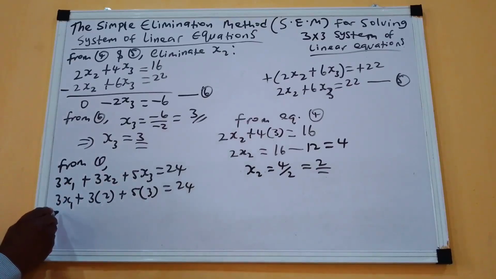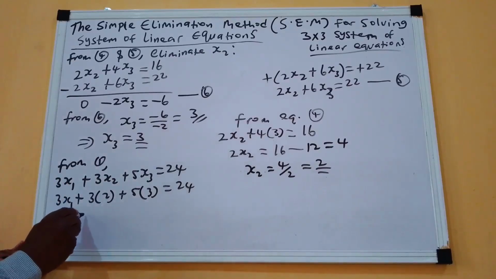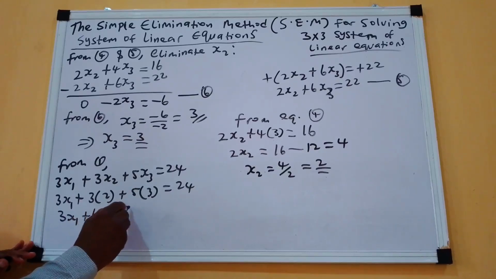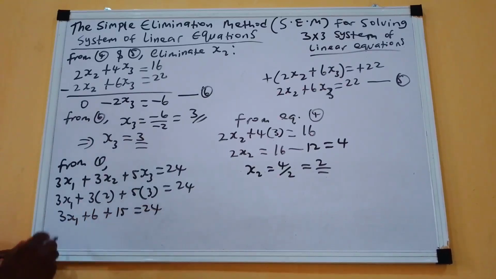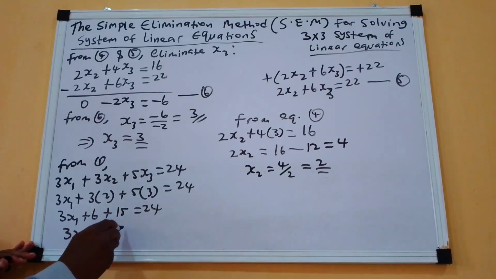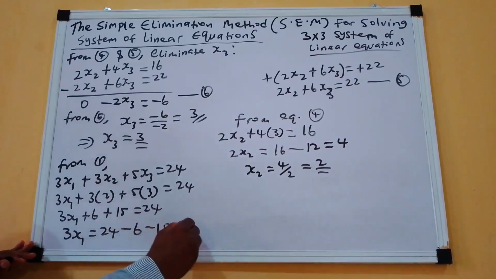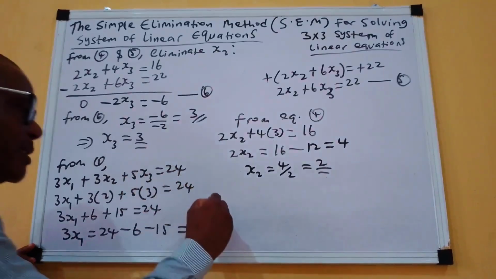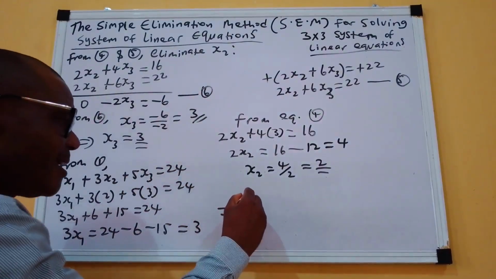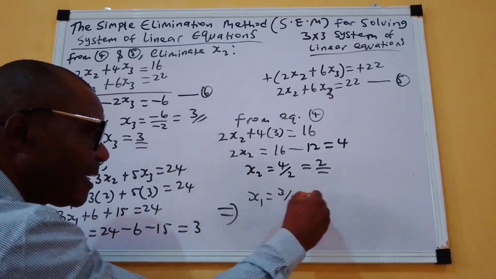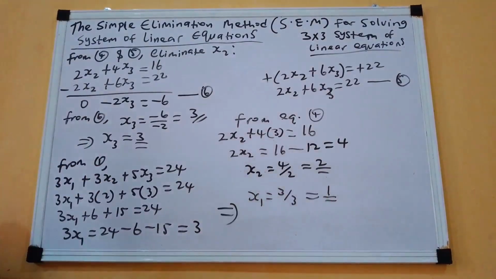So here you are going to have 3x1 plus 6, 3 times 2 is 6, plus 5 times 3 is 15, is equal to 24. So 3x1 is equal to 24 minus 6 minus 15, and that will be equal to 3. So this now implies that x1 will be 3 all over 3, and that is equal to 1.